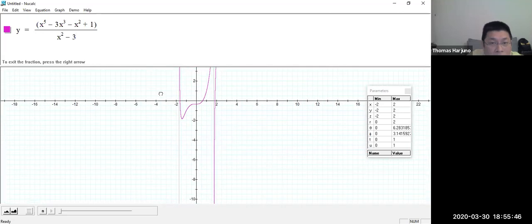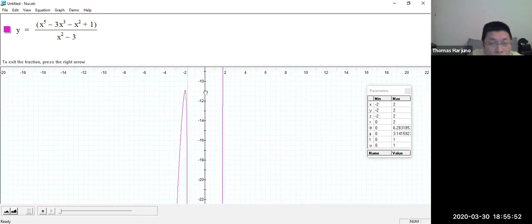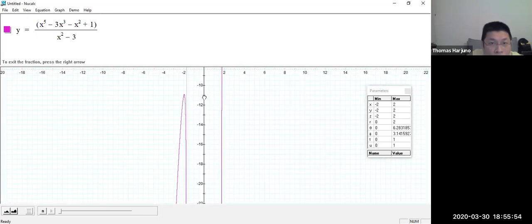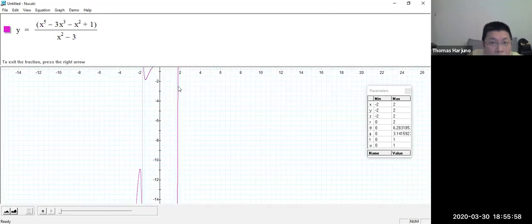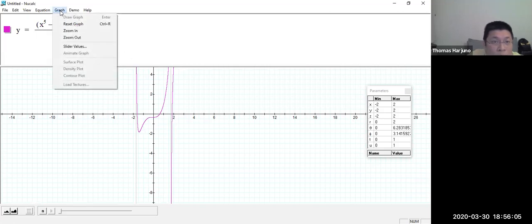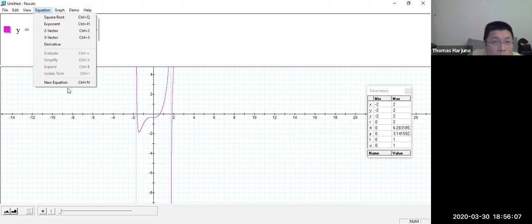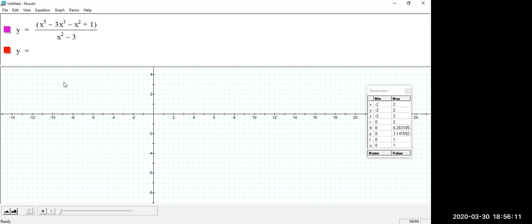Let's see, this is what it looks like. To the left of negative radical 3, it looks like this, while to the right of that, it looks like this. Now, what is the curvilinear asymptote? It's y equals x cubed minus 1.